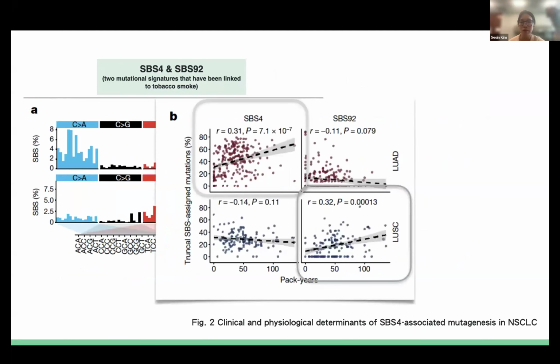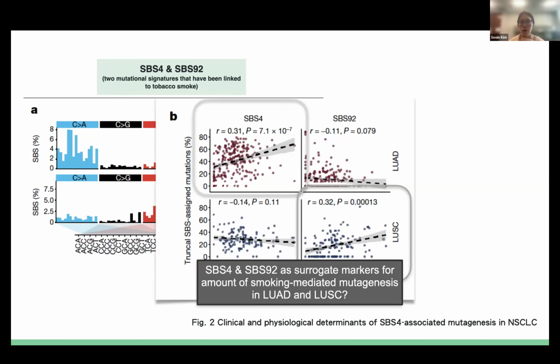But they figured out that in adenocarcinoma, SBS4 is likely to happen, whereas in squamous cell, it's the SBS92 mutation signature that is significantly correlated. So they're suggesting maybe you can use those two mutation signatures as surrogate markers for the amount of smoking-mediated mutagenesis in each of these lung cancers.